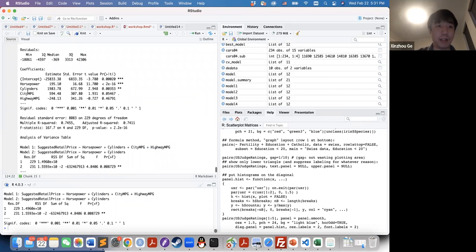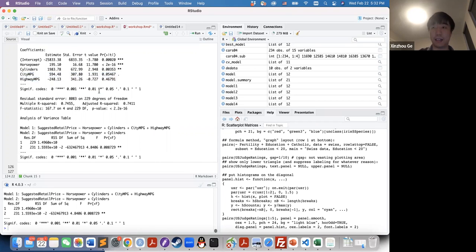But if we look at the previous results, it seems that these two predictors are not so important. So we have different conclusions from different tests. And this difference comes from the multicollinearity. We know that city MPG and highway MPG are highly correlated because conceptually these two things are very similar. Because of the existence of multicollinearity, each of these two individual predictors may have a large p-value, but if we look at these two together, the p-value can be very small. And that's what I say here.